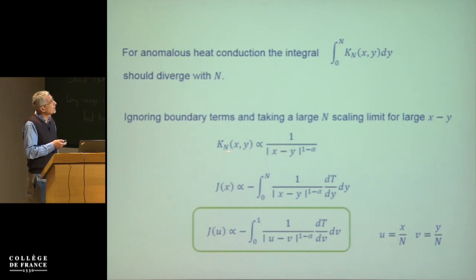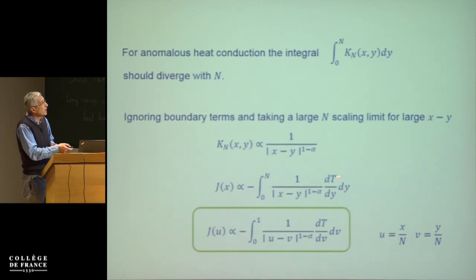For example, suppose K of x,y goes like a power law of x minus y at large x minus y. Then the current J is proportional to the integral of the kernel times dT/dy.